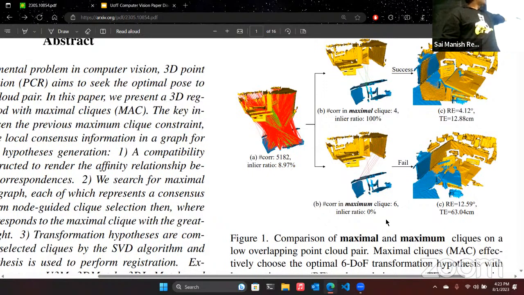This particular inlier ratio was chosen to show how maximal clique is better than the maximum clique process. Here, as you can see, with the maximal clique the inlier ratio is 100%, whereas with the maximum clique the inlier ratio is 0%. So it shows that the earlier processes, where only maximum clique was used.